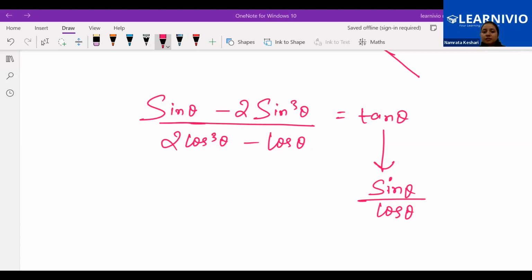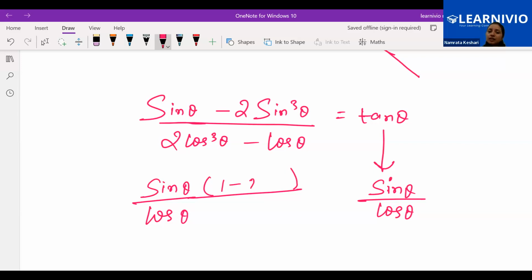We can take sine and cos as common. If we take sine common from the numerator, what will be remaining? 1 minus 2 sine square theta. Is it so?